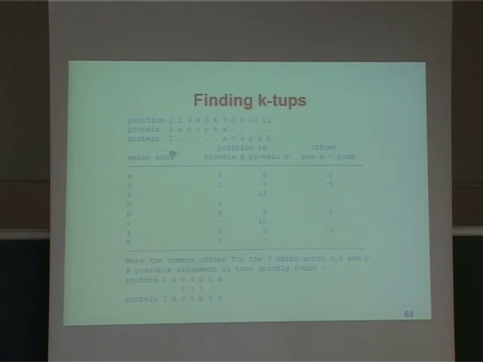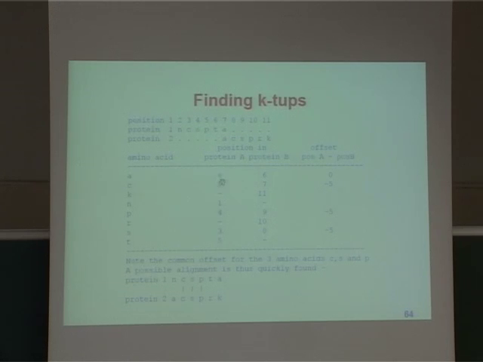Actually, these four should be indented towards the right by 1. So there's a typo here. This N is the first amino acid, C is the second amino acid, and A is the sixth amino acid.